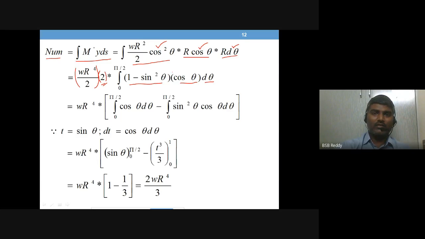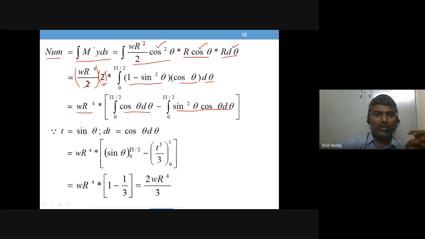Now multiply this cos theta with this. So what you have, cos theta d theta, one integration, and then cos theta into sine square theta d theta, another term. There are two terms here by multiplying with cos theta. You have 2 and 2 cancelled here. WR power 4 is outside the integration.